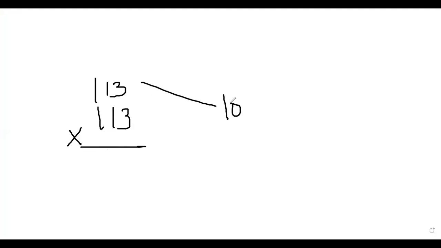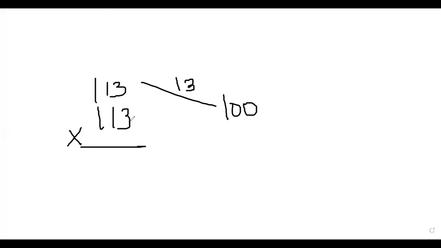Okay, how much will 113 times 113 be? What is the answer? First, for this question, we will write something, and for the next question, we will not write anything, right? So this will be 100 over here. The difference between 113 and 100 is 13.